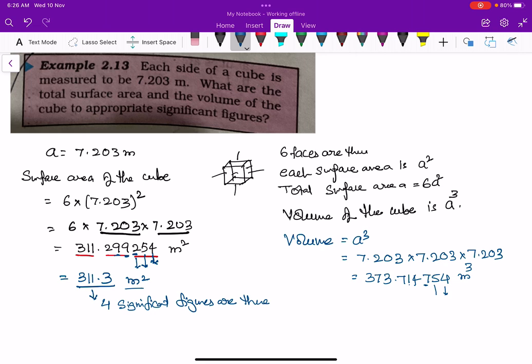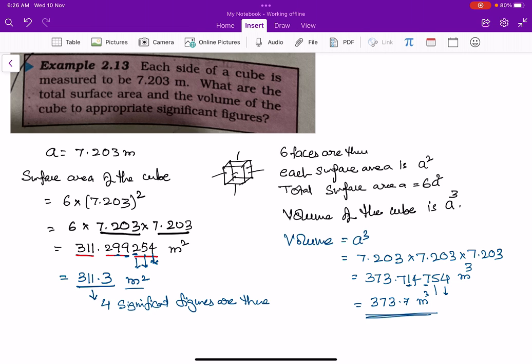Now if you follow the rounding concept, it is 373.7 meter cube, right? Again it can be dropped because 7 is there, no issue. This is called final answer setting, right? We shall see another problem again.